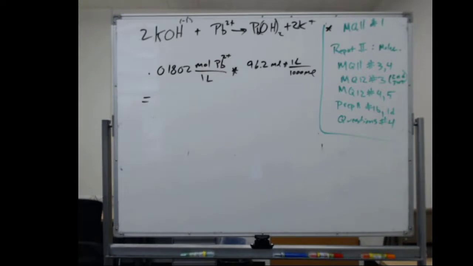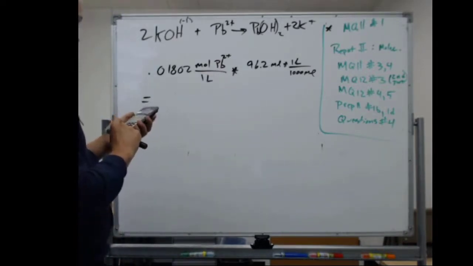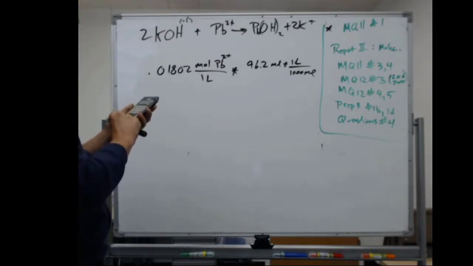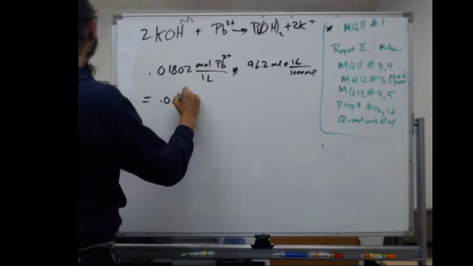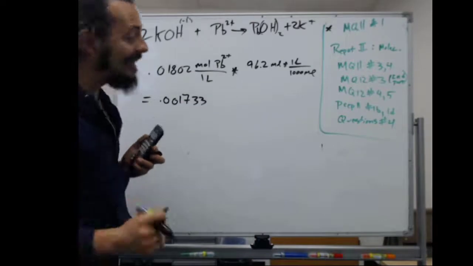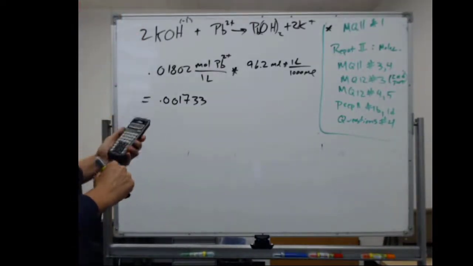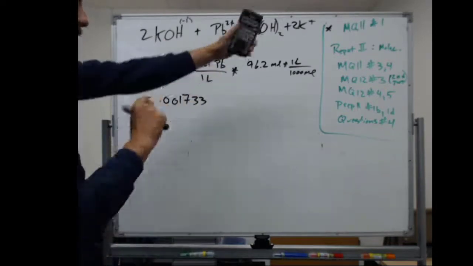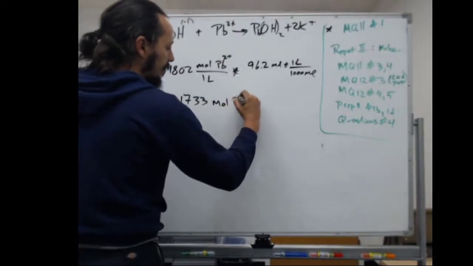Calculator. And I get something like 0.001733. If you've got a calculator handy, please calculate with me because I am notorious for making mistakes on my calculator, especially when I'm going fast because I want to get through all the problems. And this is going to be the moles of lead 2 plus.